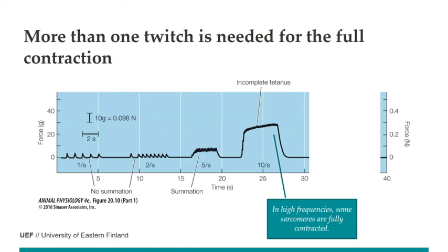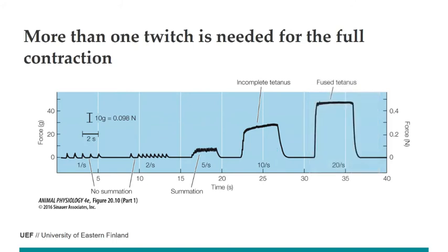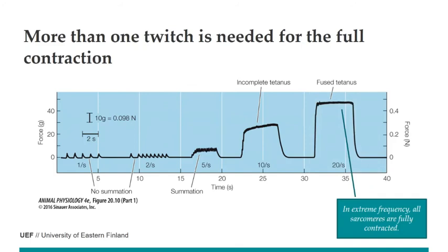So you can't see these individual twitches anymore. And when you are having extreme frequency, all these sarcomeres are fully contracted. And it's a very straight line, because if they are already fully contracted, they can't contract anymore.